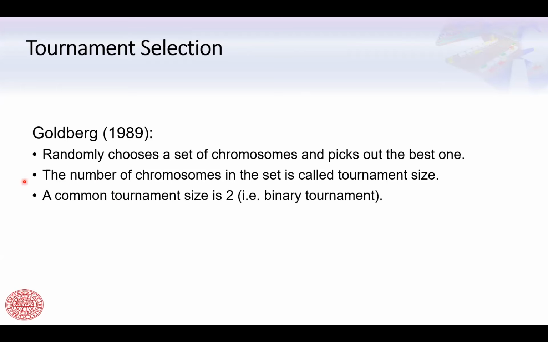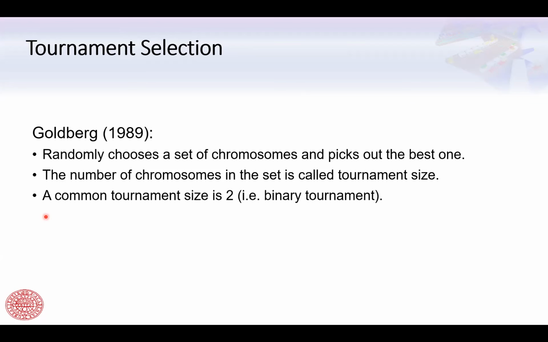So let's say you randomly choose two solutions, compare which one is better, and select the better one. Of course, you repeat this step until you find a set of solutions for the population. This is called tournament selection, which is more popular today compared to roulette wheel selection.